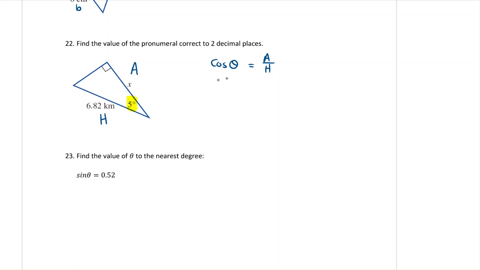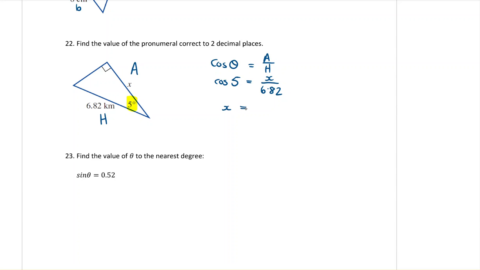Cos theta equals adjacent over hypotenuse. I sub into the formula. The theta is the angle, so it's cos 5 equals. The adjacent was the x. The hypotenuse was the 6.82. To get the x by itself, it's on the top. So when x is on the top, what do we do? Times it, that's right.